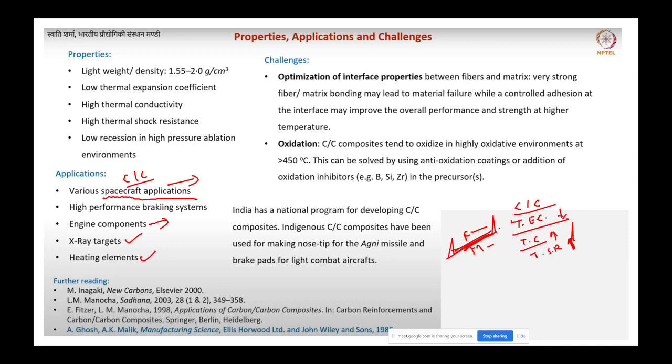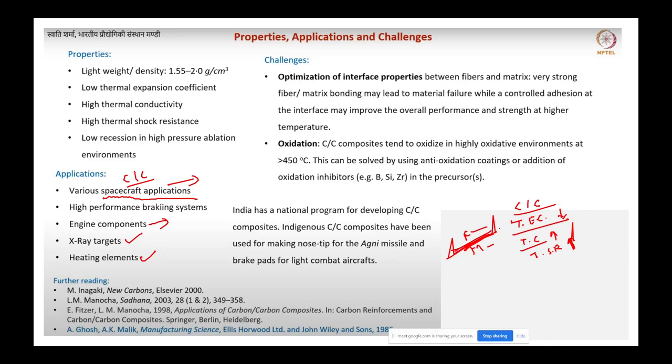You can use some kind of coating, or some inhibitors, let's say boron, silicon, zirconium in the precursor. There are some materials which you can add as an antioxidant to resist the oxidation of your composite.